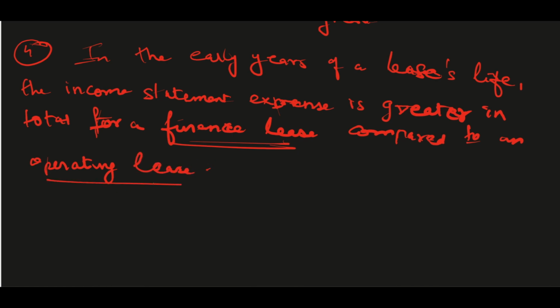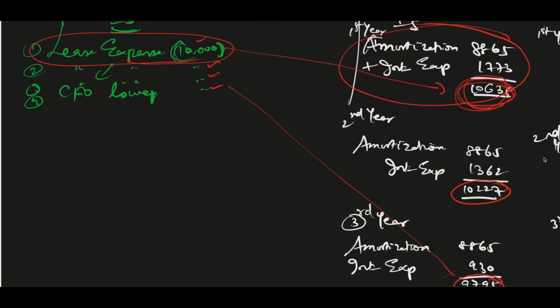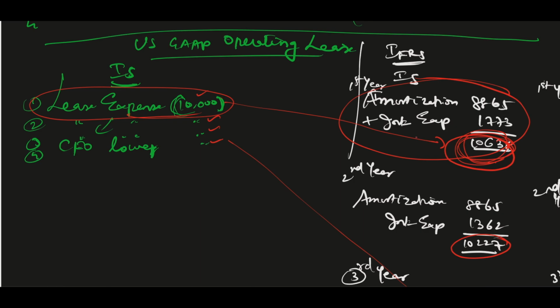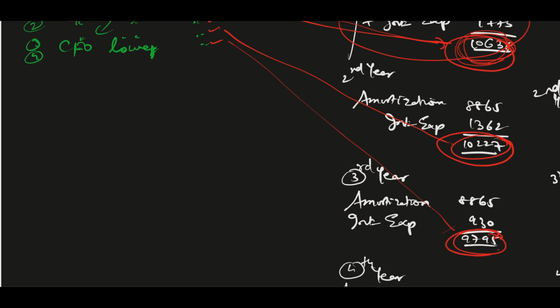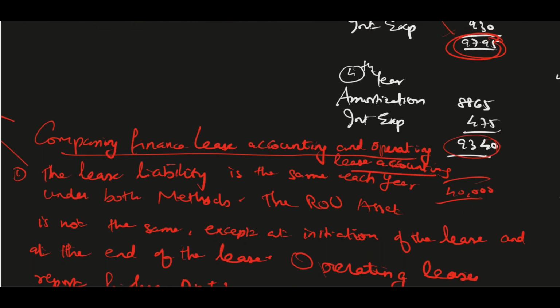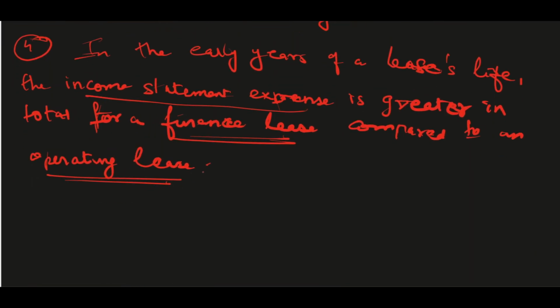So what this means is the income statement expense is greater. The income statement expense is greater, 10,635 here. Here 10,000 to 27. So earlier it is greater and at a later stage it is lower, 9,795 and then 9,340. So that's what this line means.